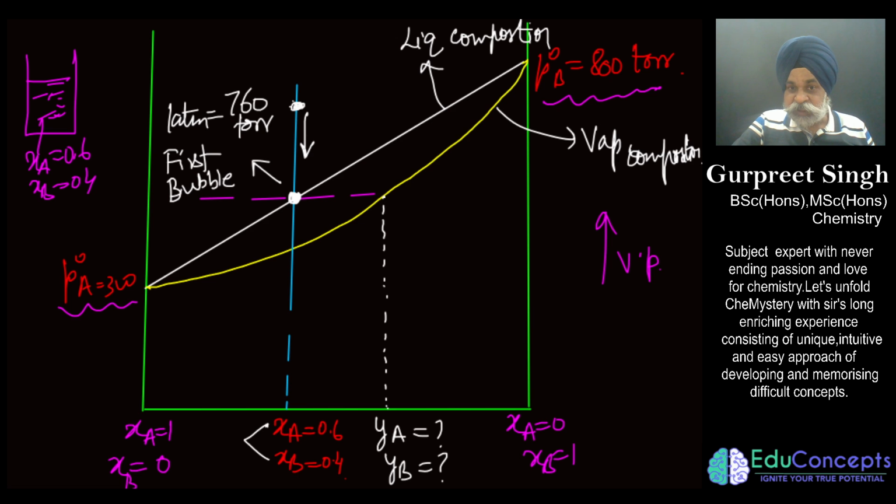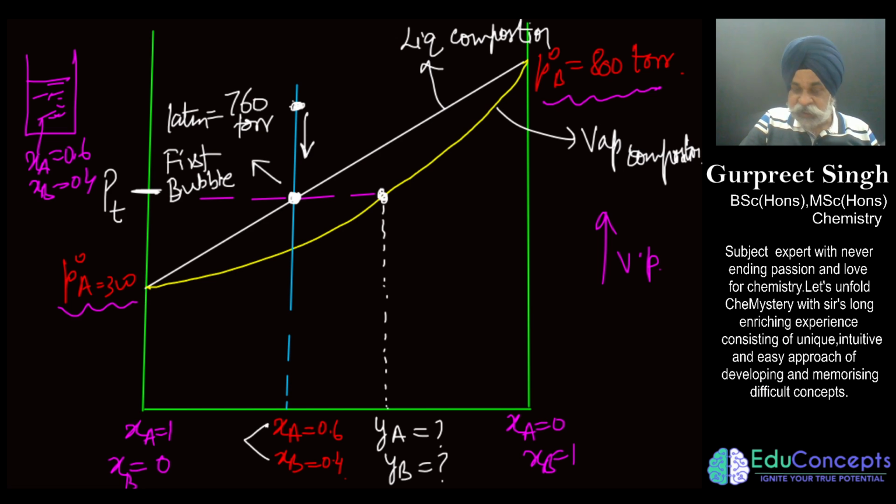So this is the vapor phase composition above this liquid containing 0.6 mole fraction of A and 0.4 mole fraction of B. Corresponding to this, there must also be some pressure here, some P total. This pressure would definitely be less than 760 and greater than 300 torr.